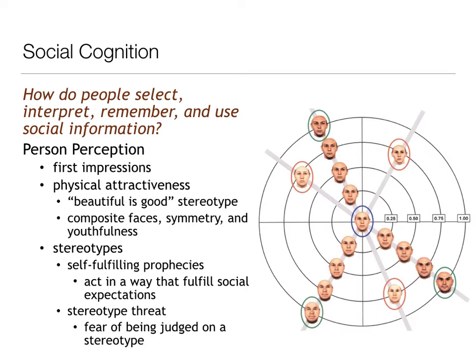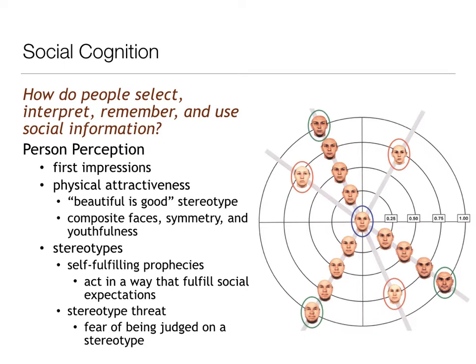Another part of person perception is stereotypes. I presume that you're all very familiar with what a stereotype is, but stereotypes can be really harmful, especially when they create self-fulfilling prophecies. This is a situation where we act in a way that will fulfill the social expectations of us. Because we know a stereotype, we may behave in a way that fulfills that stereotype, even if we're not comfortable with it.